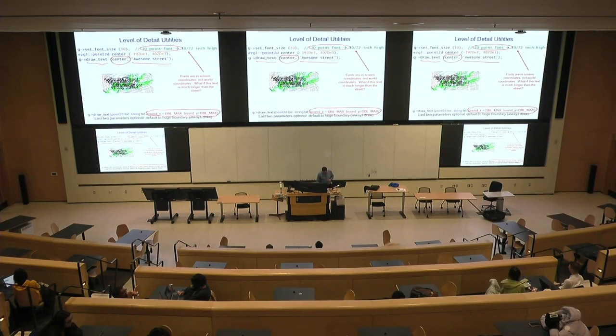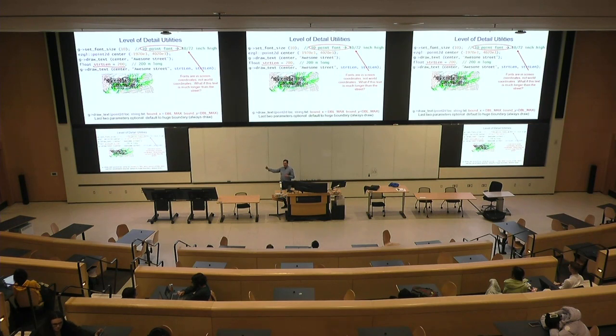But if I want to, I can say things like, okay, I know that this street is 200 meters long, and I'm using a coordinate system. My world coordinate system is in meters, so 200 meters is a perfectly reasonable length value. It matches my coordinate system.